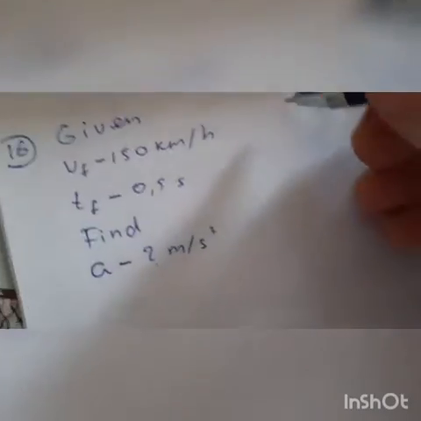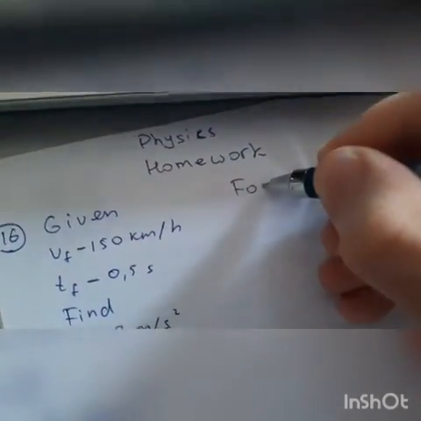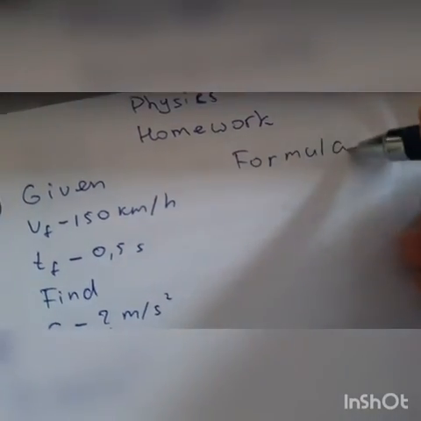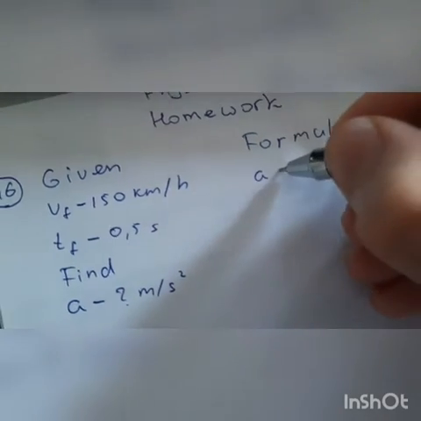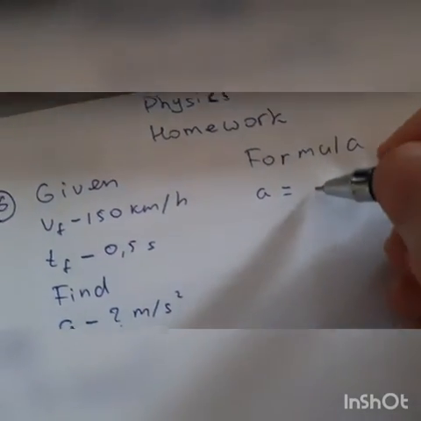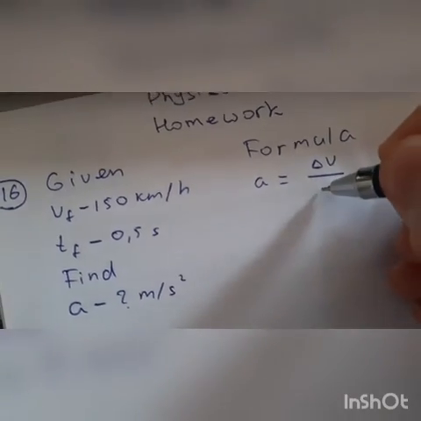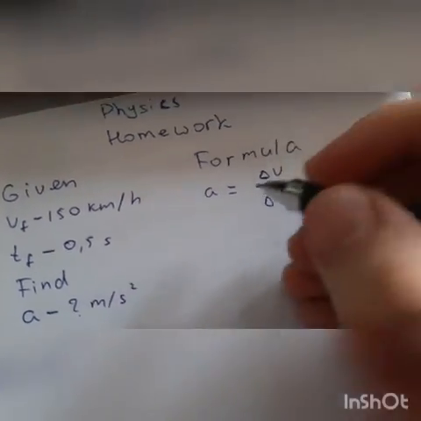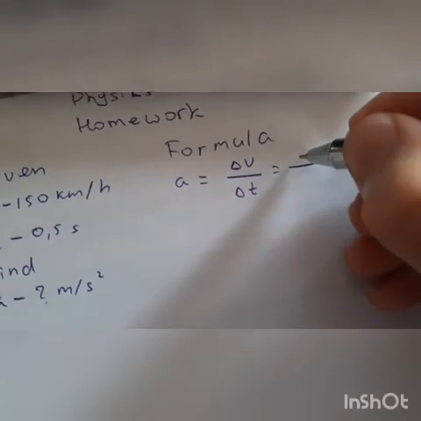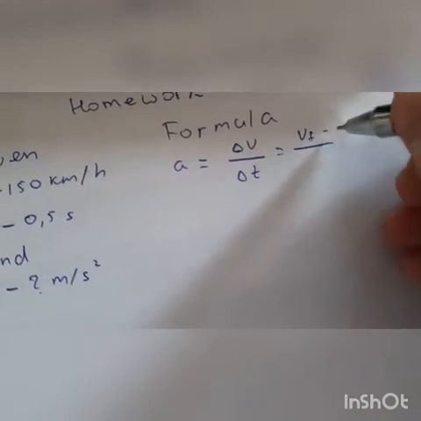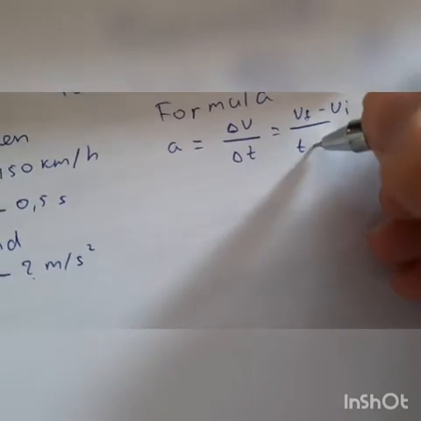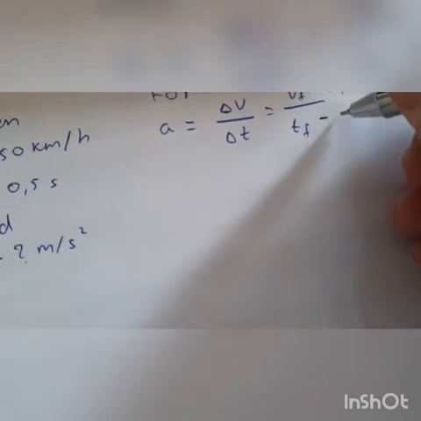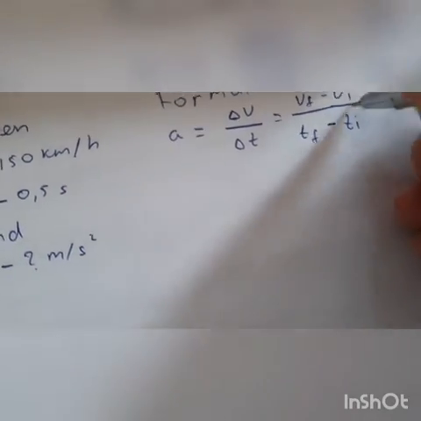Okay, and let's write the formula for this equation. We have this formula: acceleration equal to delta v divided by delta t. And delta v is equal to final velocity minus initial velocity, and delta time is final time minus initial time.